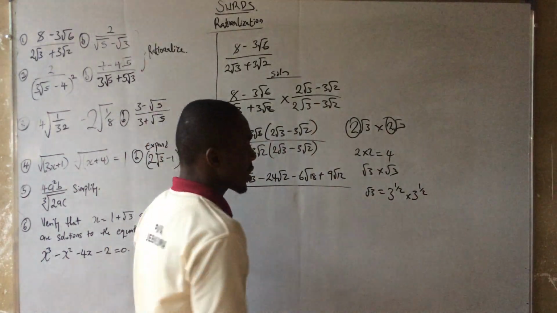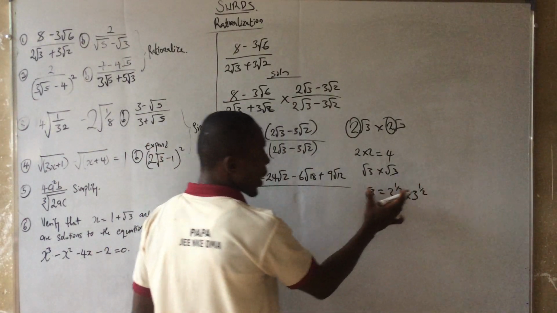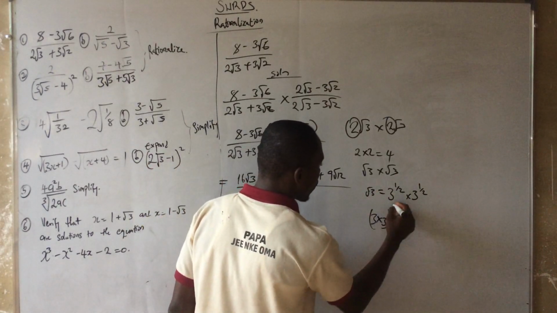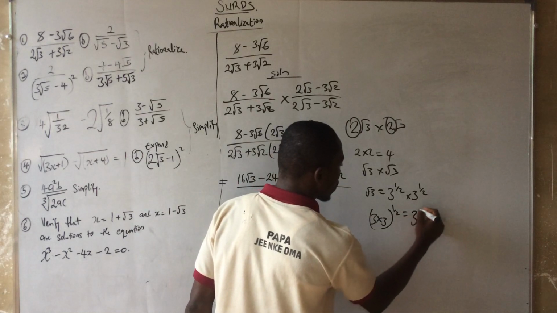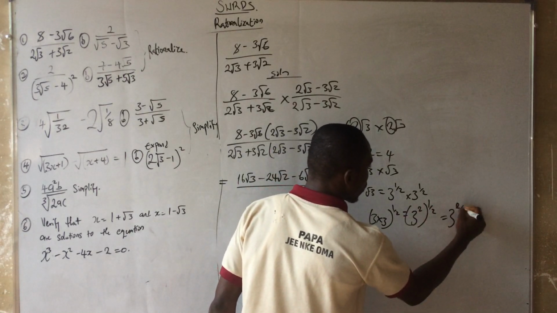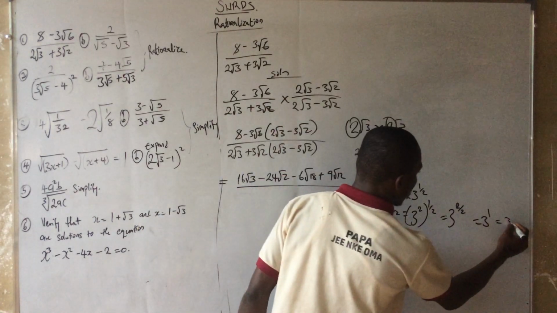Using the law of indices, since they are the same power, you can multiply the bases: 3 times 3 raised to the power 1 over 2 gives 3 raised to the power 2 over 2, which is 3 to the power 1, which gives us 3.